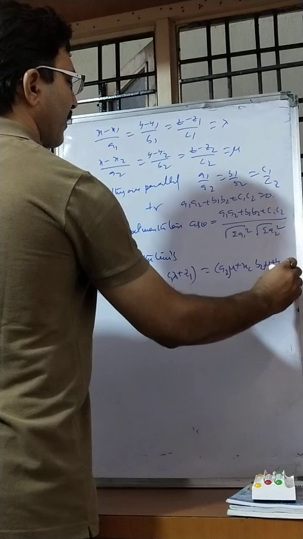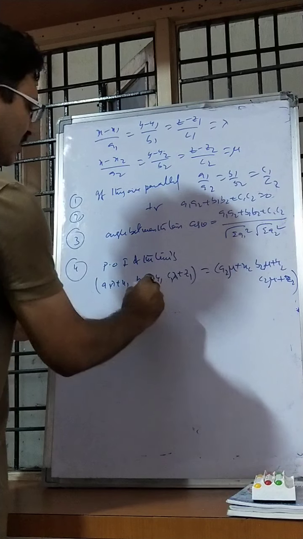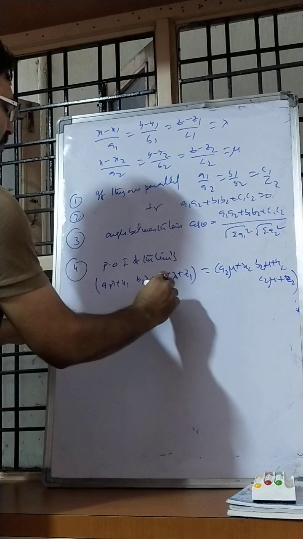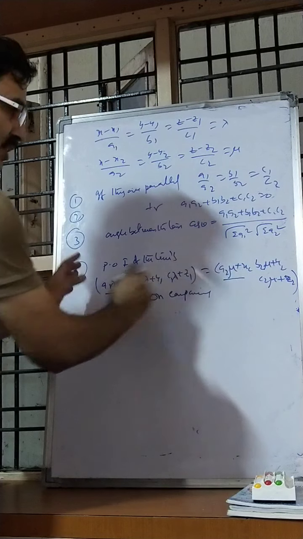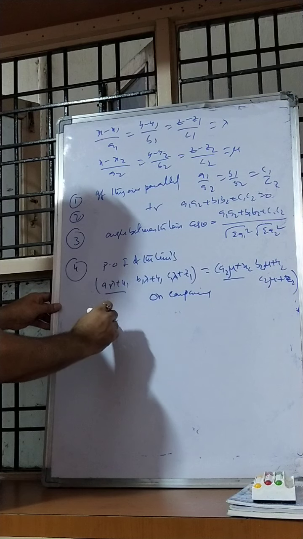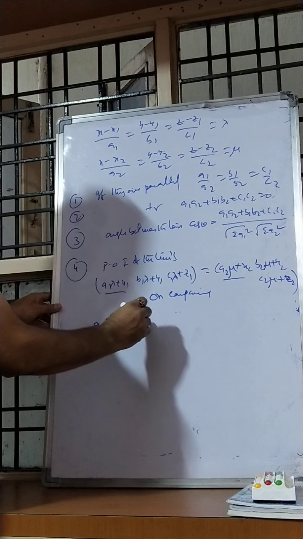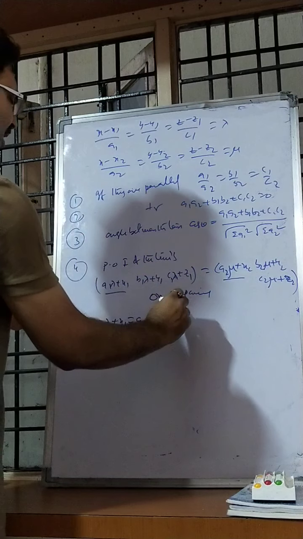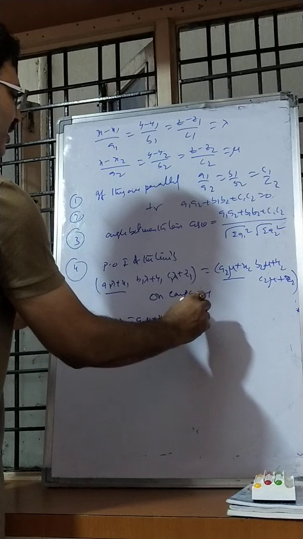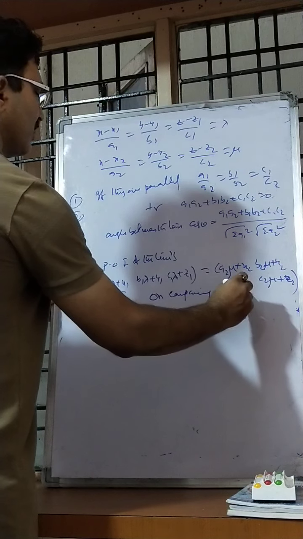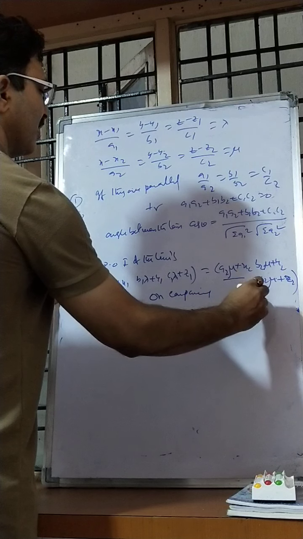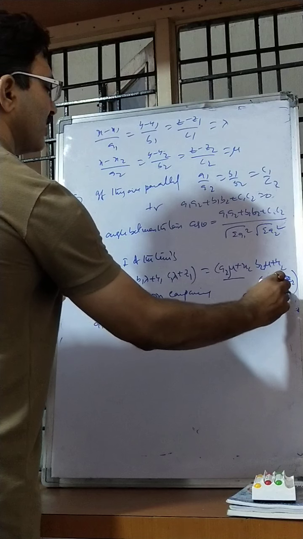After this, on comparing, meaning the x coordinates of these two are equated, A1 lambda plus x1 is equal to A2 mu plus x2, or the y coordinates, B1 lambda plus y1 equals B2 mu plus y2, or C1 lambda plus z1 is equal to C2 mu plus z2.